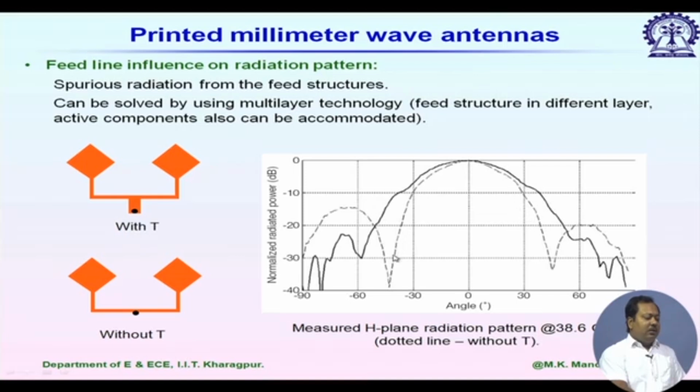So, this dotted line is without T, and the solid line is with T. So, beam width changes with T, and this is due to the spurious radiation from just this extension. It is very little, even then we can't neglect the effect of this in the radiation pattern.